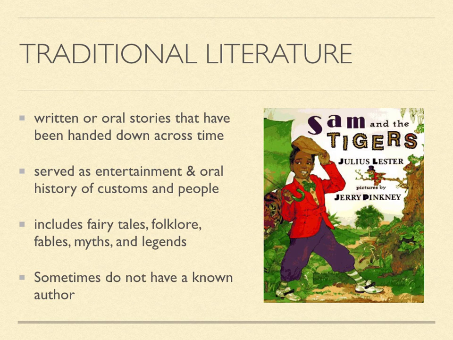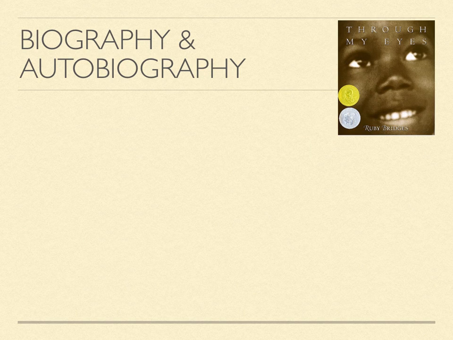So, for example, Cinderella does not have a known author. It's sometimes attributed to different people, but there are actually over 700 versions of the Cinderella tale from across the country. Here's an example of Sam and the Tigers, which is based on Little Black Sambo, which could be traditional literature.